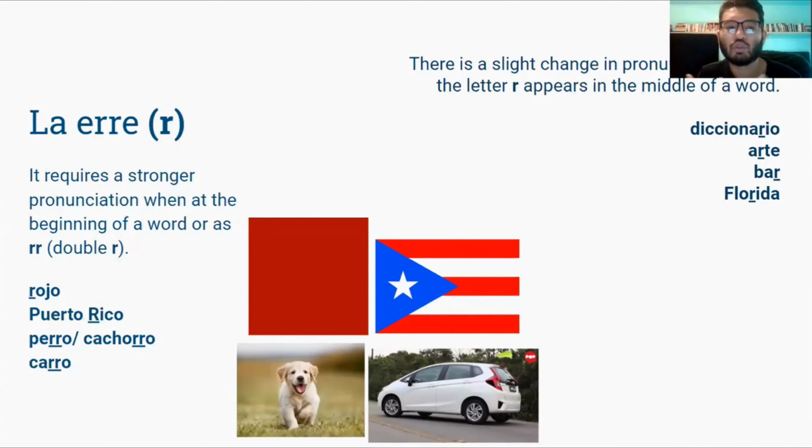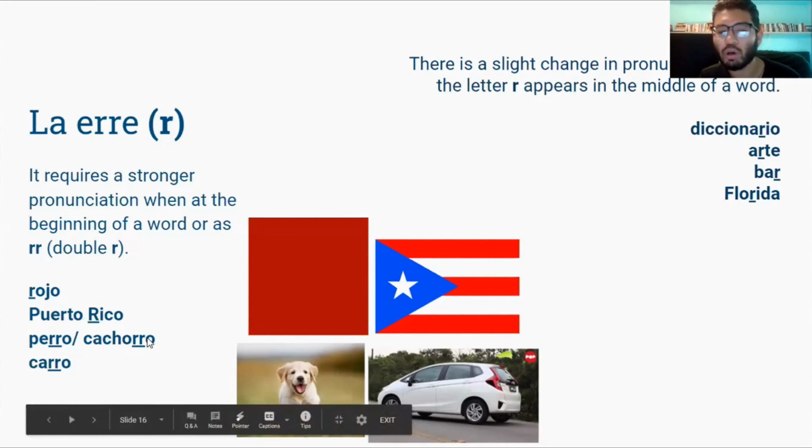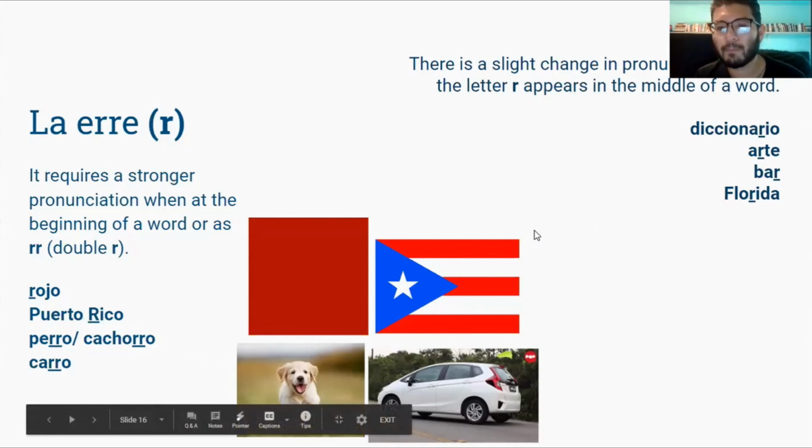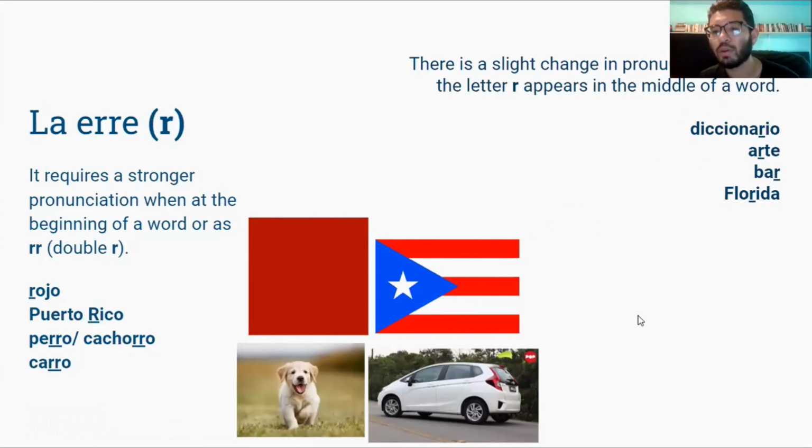So again, a strong R: rojo, Puerto Rico, perro, cachorro, carro. Perro and cachorro are the same thing. Perro, dog. Cachorro is usually the word used for a puppy, for a small dog. And the pronunciation again of words that have the single R in the middle of the word: diccionario, arte, bar, Florida.